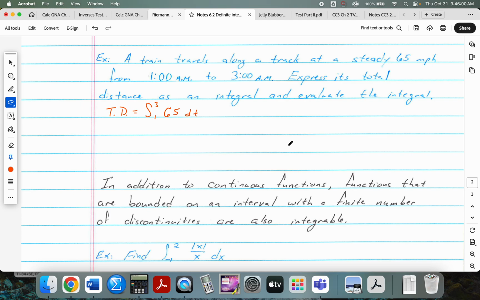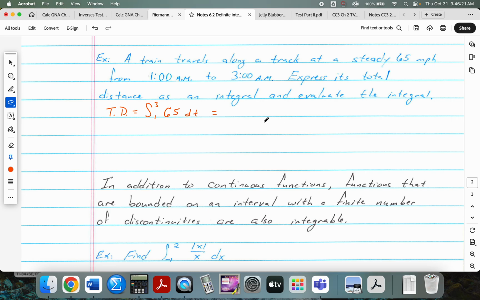Because 1 and 3 are times, I used t. So since that's the velocity, if we take the velocity times the time interval, we get distance, right?